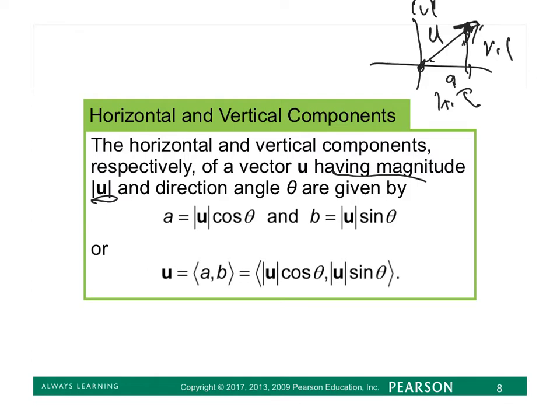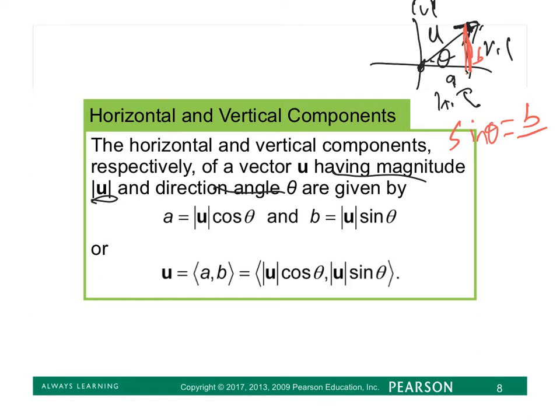You can represent your direction angle by using sine or cosine. That should not be a surprise to you, because if this is theta, sine of theta would be opposite. In this case, opposite is my vertical component, which is labeled as B, over the hypotenuse.